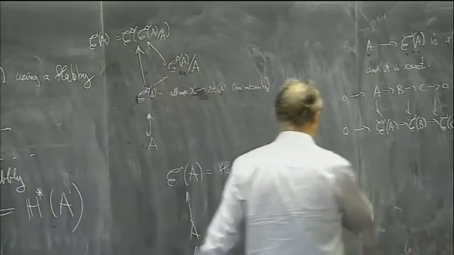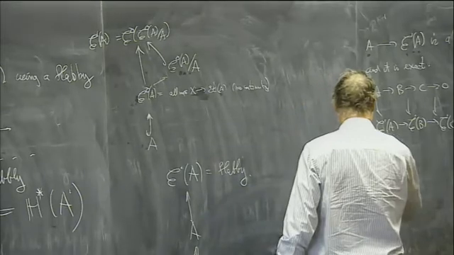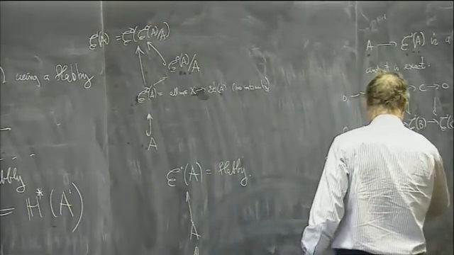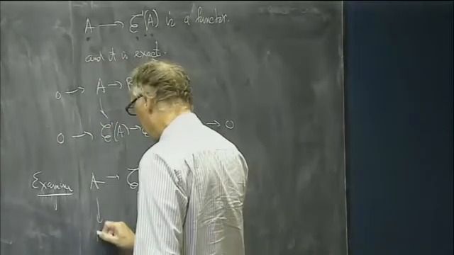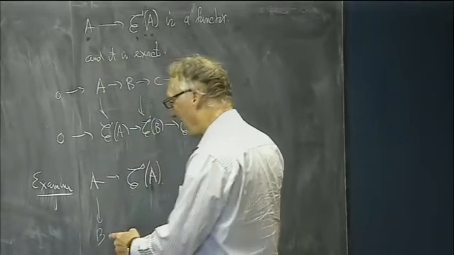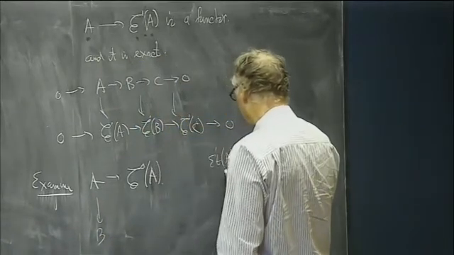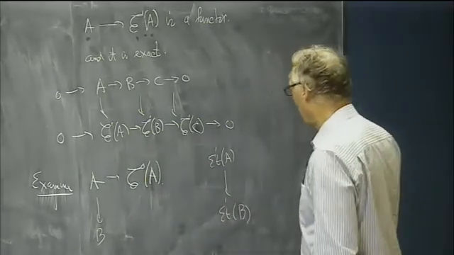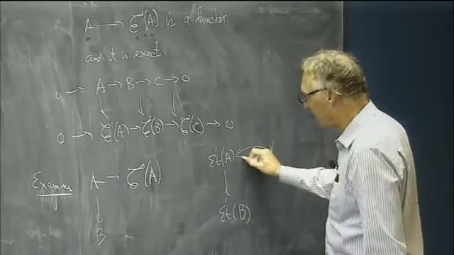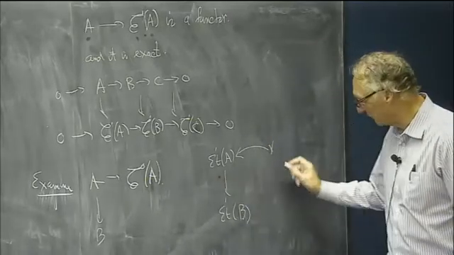So let's examine A to C naught of A. Well, anytime you have a morphism from A to B, you get induced maps on the étalé spaces, étalé of A to étalé of B, and therefore if you have an arbitrary section, continuous or not, of X into the étalé space, you can push it forward.